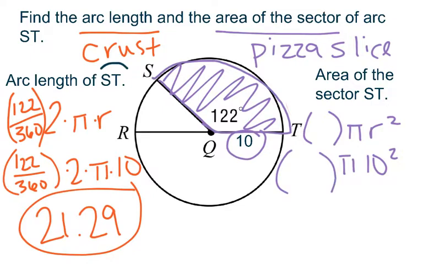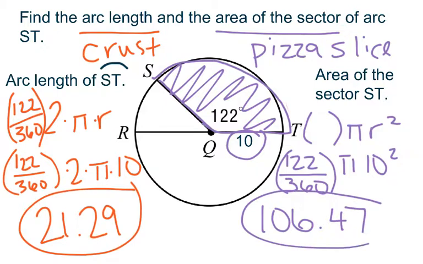And so 122 degrees is what makes up that sector, and that's out of 360. So all you do is type that into the calculator, and once again, I would use at least 2 decimal places if it doesn't tell you how much to do it. So I got 106.47. Alright, so hopefully you understand that difference.